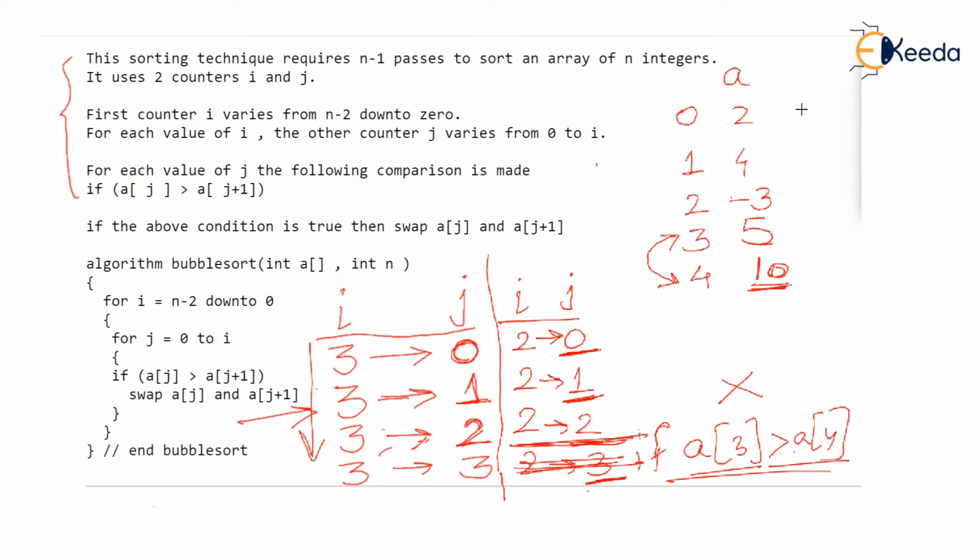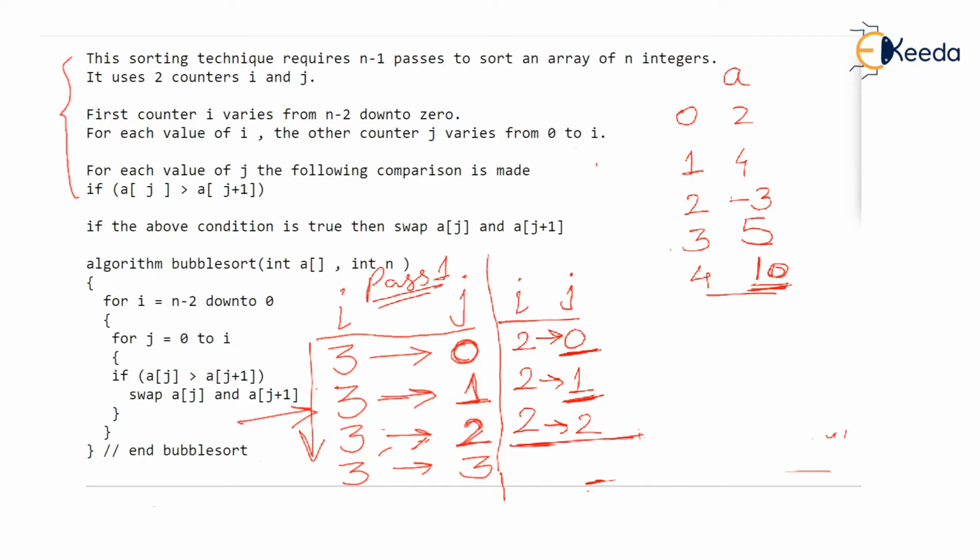What was the significance of pass 1? At the end of pass 1, we are sure that the largest value is at the last place of the array. Then what is the point in asking is A3 greater than A4? Anyway, it is going to be false, isn't it? That means we are going to stop this pass when j becomes 2.